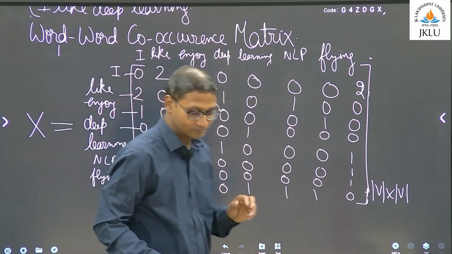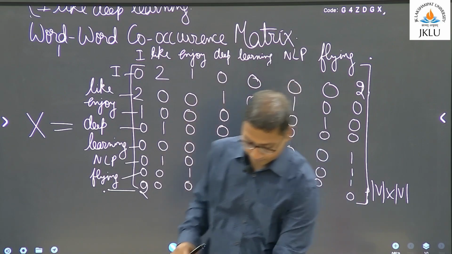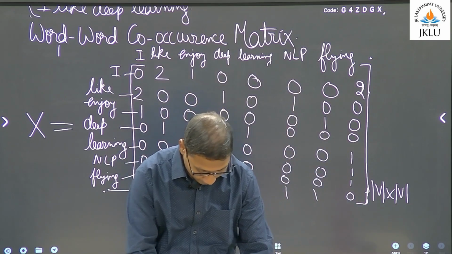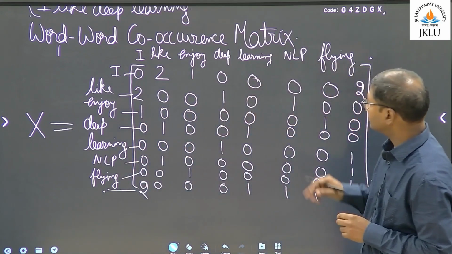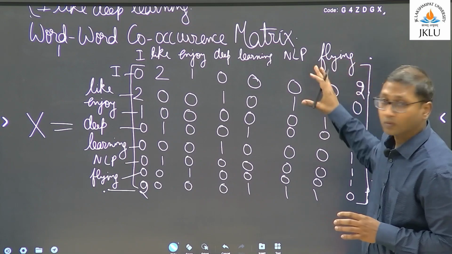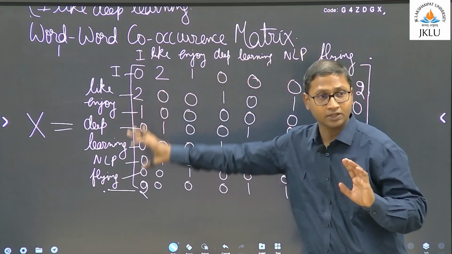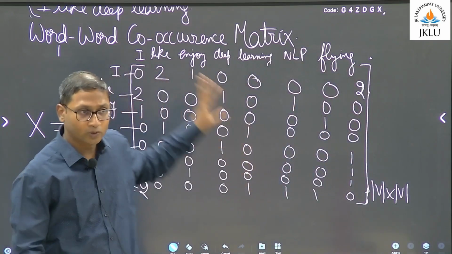All right, so done with this. Now, what do you do with these things? We are using that same window thing for computing this. How many passes do you need over your whole data set to be able to compute this matrix?